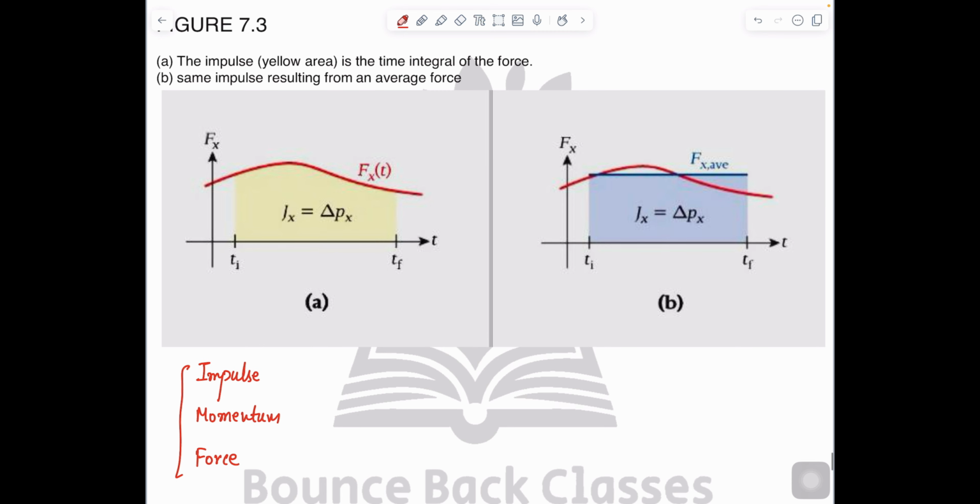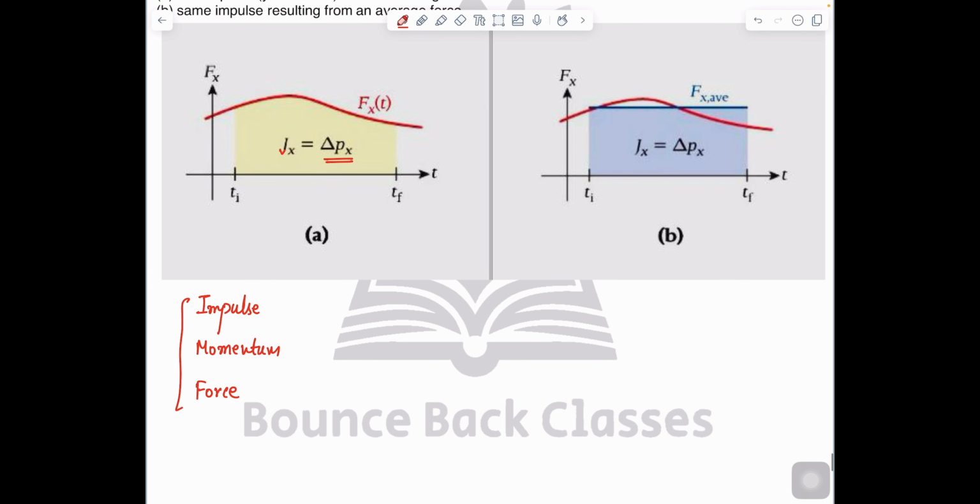Okay guys, as per this picture, there's a word called J, that is equal to delta p_x, and here force and time. What we need to understand: the impulse is called J, momentum is P, F is the force, and T is the time.